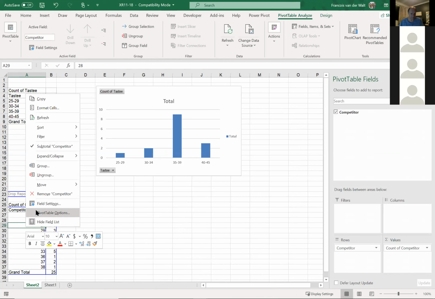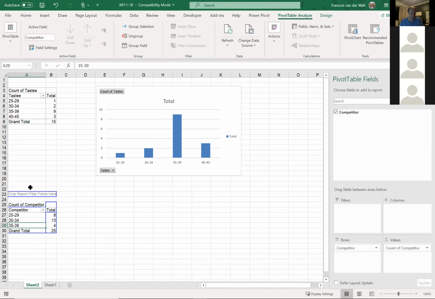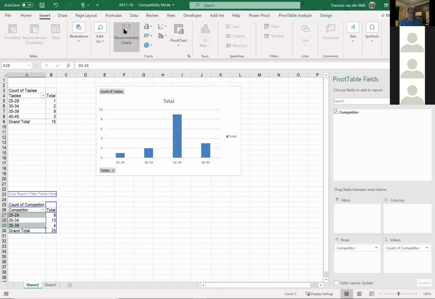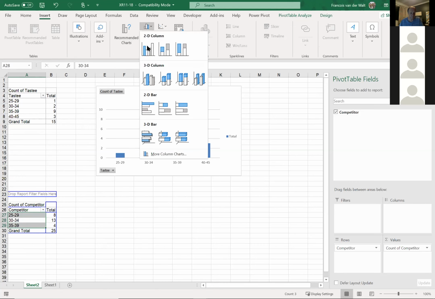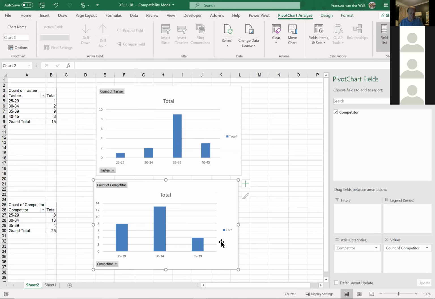I'm going to make the same here, 25 to 45 in groups of 5. Insert, graph it. Scale it so it looks the same size.